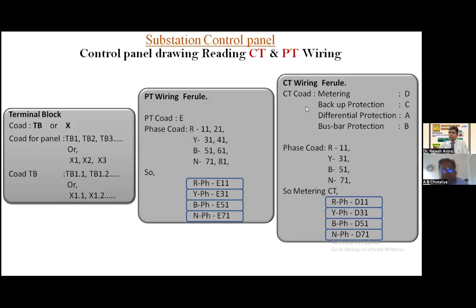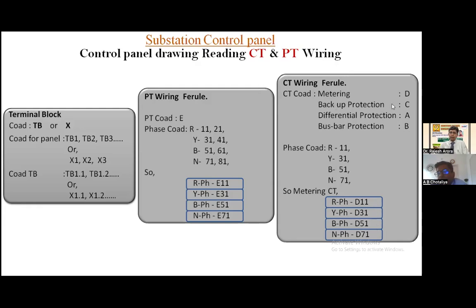Just like that, CT has three cores, right? So the metering core will be indicated by D, protection CT will be indicated by C, differential CT will be indicated by A, and bus bar protection CT will be indicated by B. So here R phase is the same as PT, and the wire will be D11 for the metering R phase, and the same for the others.